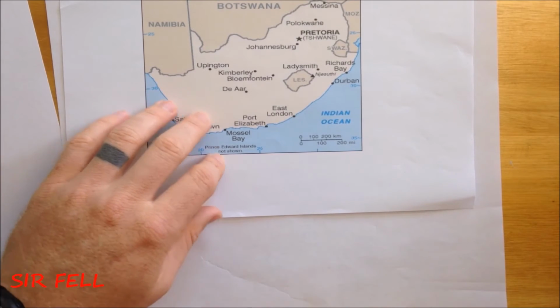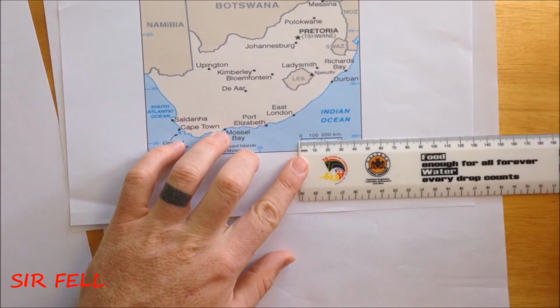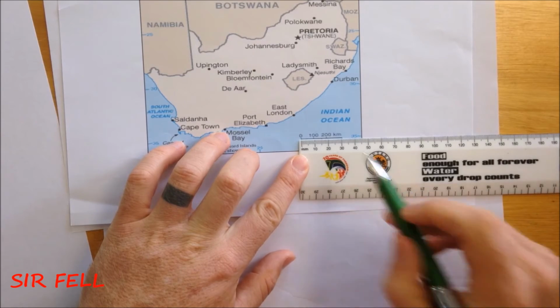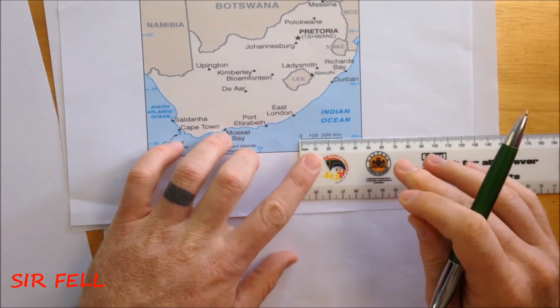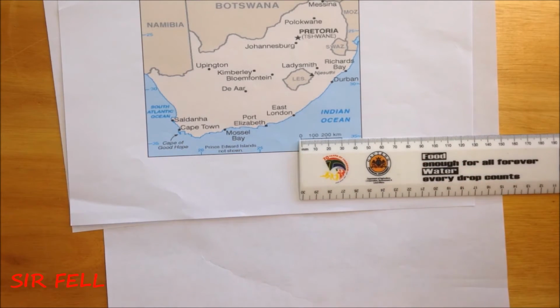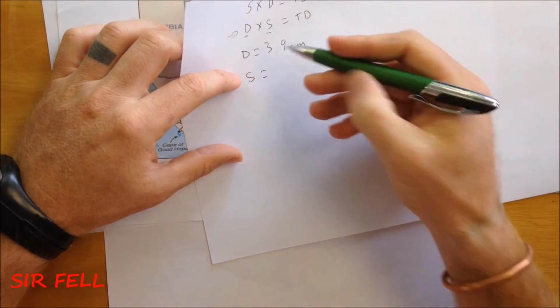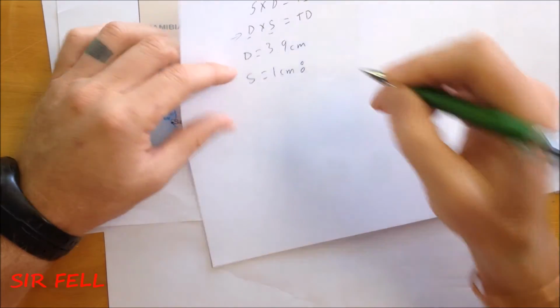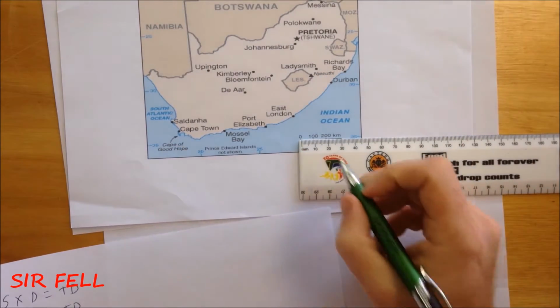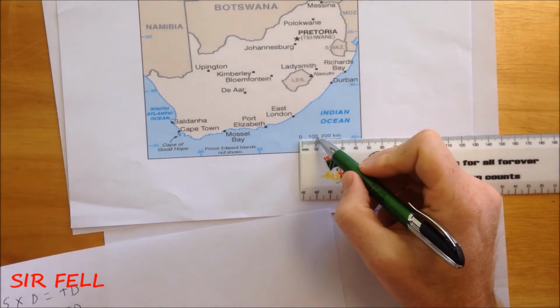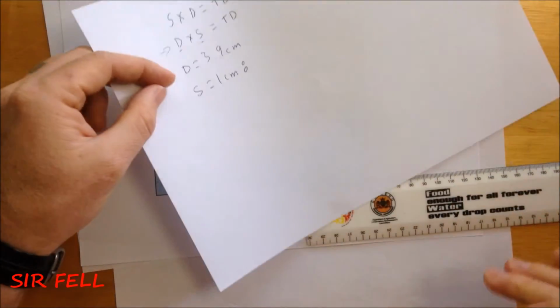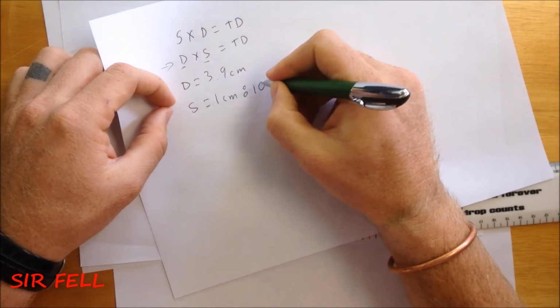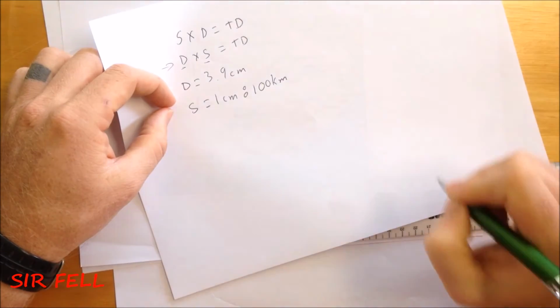You do that by measuring what 1 centimeter is equal to on the line scale. If I measure 1 centimeter, you can see it lines up with 100 kilometers. So 1 centimeter is equal to 100 kilometers.